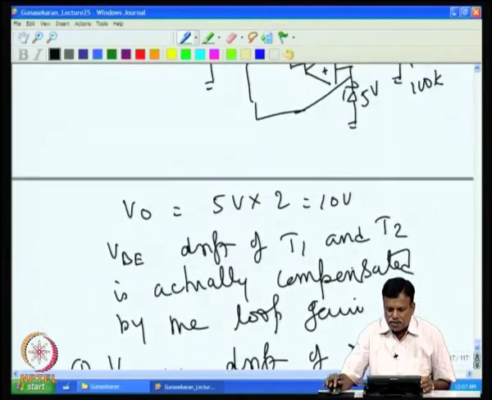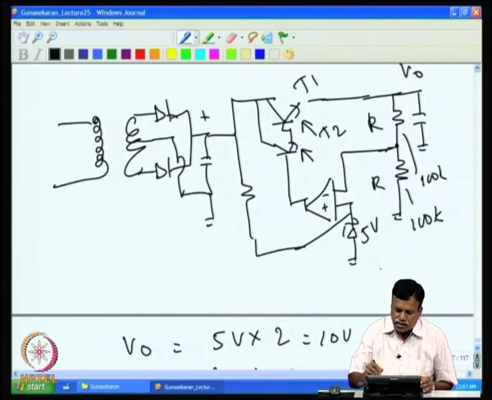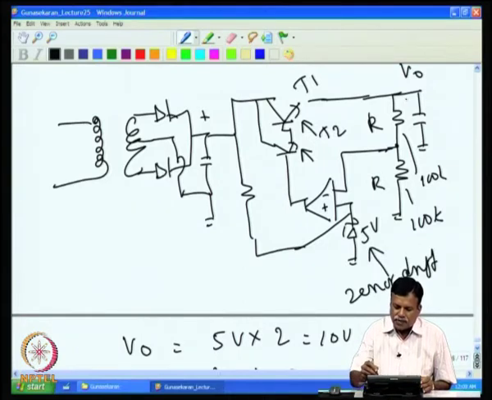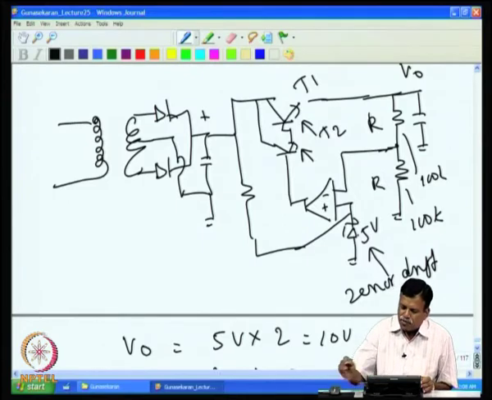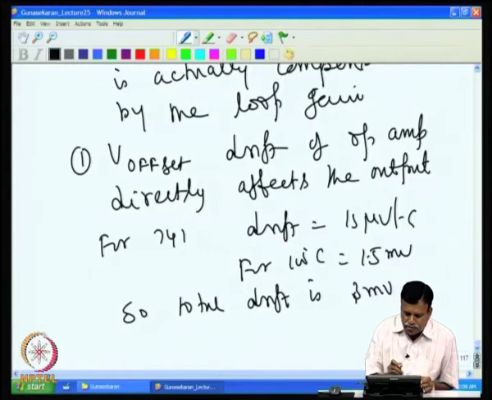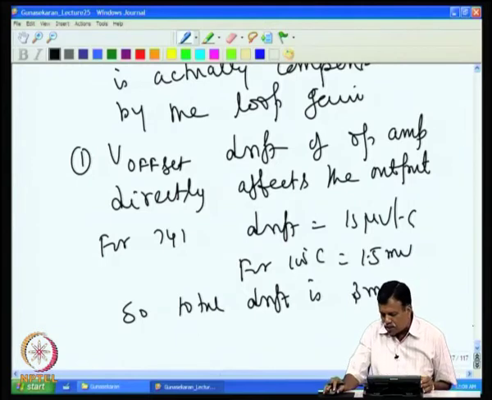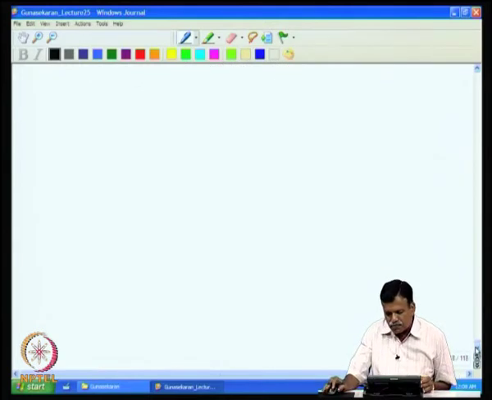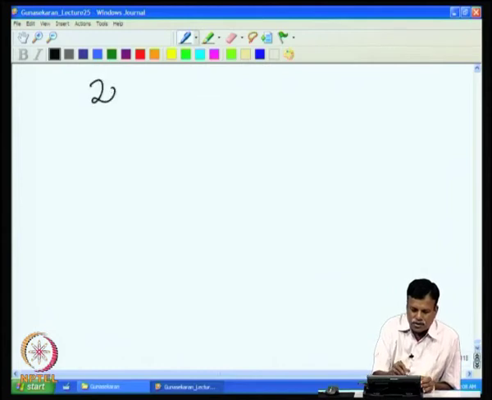Similarly, if you see this circuit, the Zener also drifts. So, Zener drift directly affects the output. Next we can see the Zener drift error.